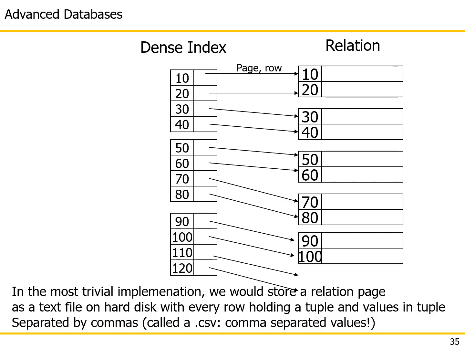So if I have 3 columns, the age, the name, and the phone number, it's going to be like 20, comma, 20 is the age, comma, Ahmed Mahmoud, the name, comma, phone number, 0 1 10, whatever. Okay, so that's the comma-separated values. So if you store your table as comma-separated values, the pointer will be the name of the CSV file, and the row number inside that CSV file will be the row that you're looking for.